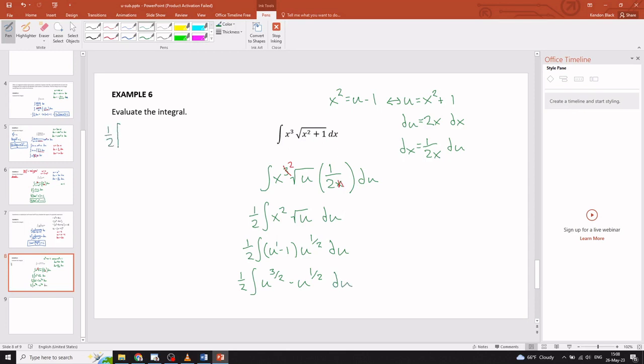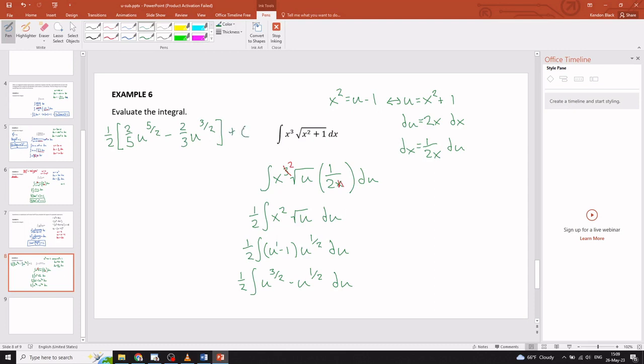We have 1/2. So we add 1 and then divide. So 3/2 plus 1 is 5/2. And divide by 5/2 is the same as multiply by 2/5. We're going to get 2/5 u to the 5/2 minus 1/2, add 1, we get 3/2 u to the 3/2, and then we divide by 3/2, which is the same as multiply by 2/3.